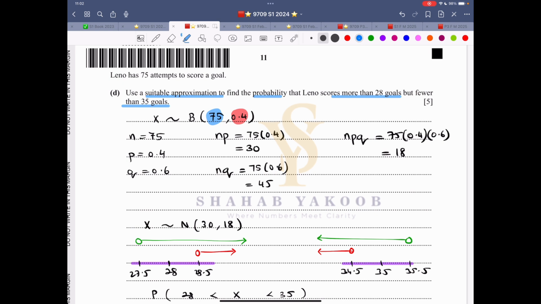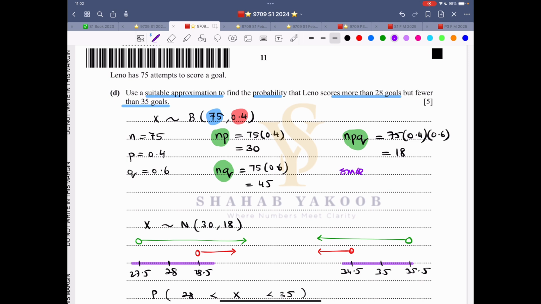Calculate three things. What are those three things? The first thing, that is NP. The second thing, that is NQ. The third thing, that is NPQ. Always justify the approximation whether the examiner asks for it or not.